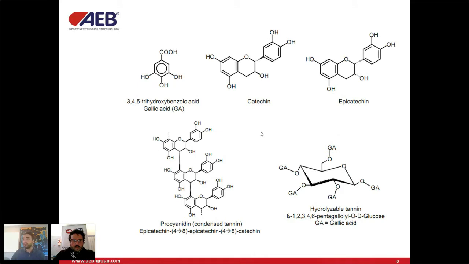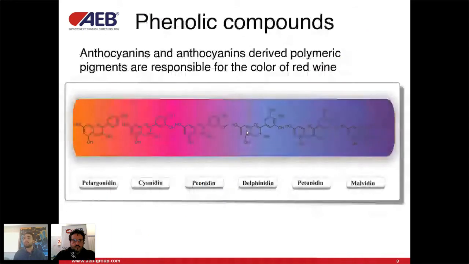Starting from analyzing the compounds, anthocyanin and the anthocyanin-derived polymeric pigment are responsible for the color of the wine. That is the first sign of quality.